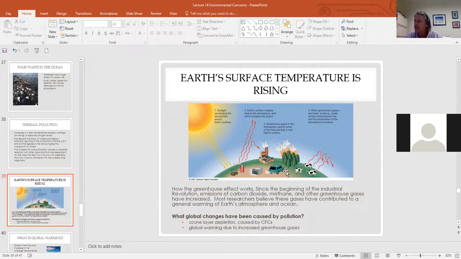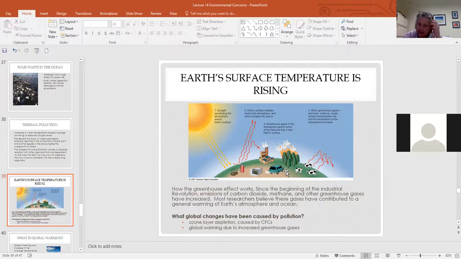The buildup of these greenhouse gases, as they're termed, oxides, anything you burn produces an oxide. Respiration produces oxides. Methanes and other natural gases trap heat, to a lesser degree, but they're still there.